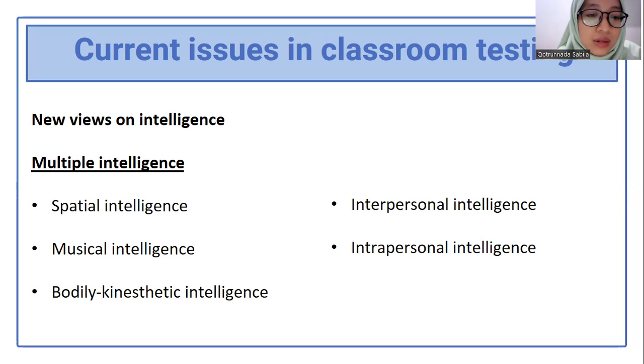And then bodily-kinesthetic intelligence, which is fine motor movement and athletic prowess. And the interpersonal intelligence, the ability to understand others and how they feel and to interact effectively with them. And the intrapersonal intelligence, the ability to understand oneself and to develop a sense of self-identity.